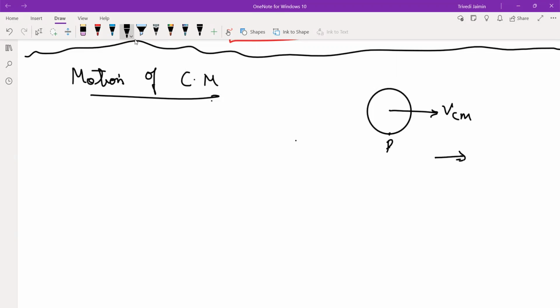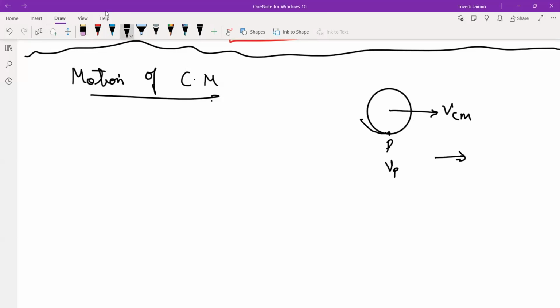So the velocity for particle P, where will it be? Can you guess the direction? Right or left? Actually, left. See, this ball is moving in this direction, but the velocity Vp of this particle is moving this way.